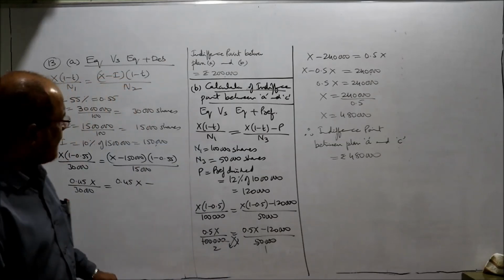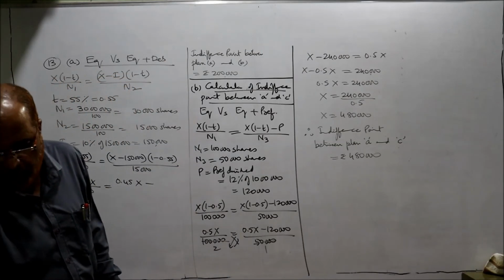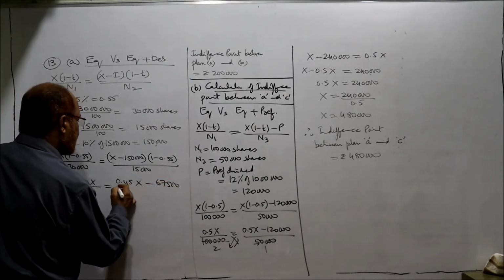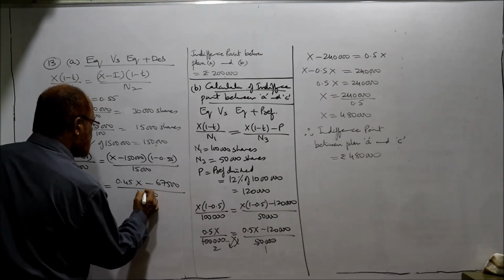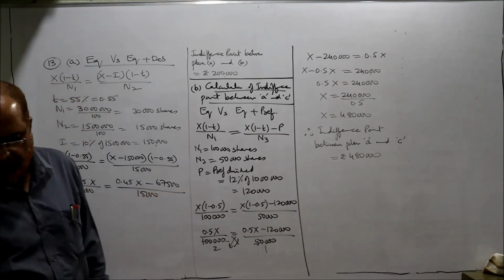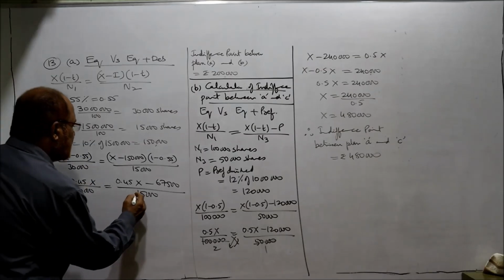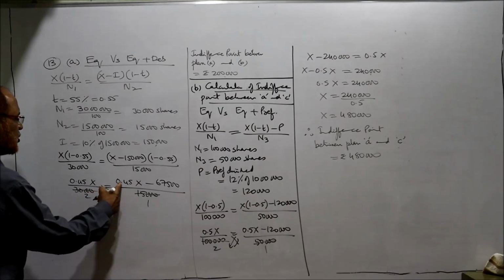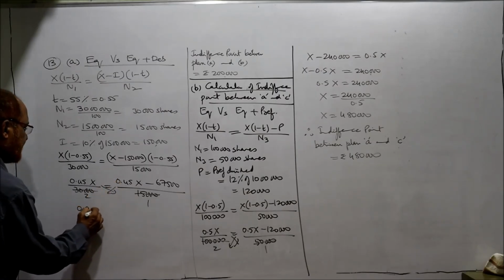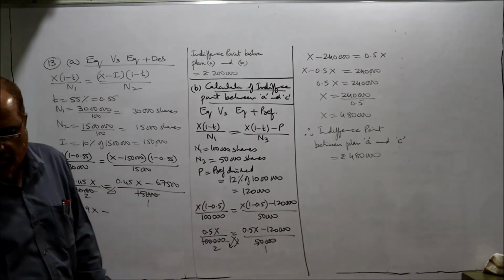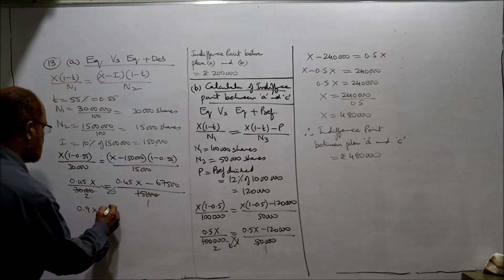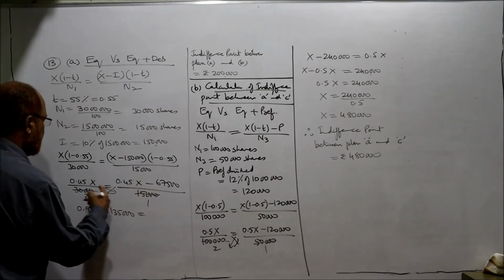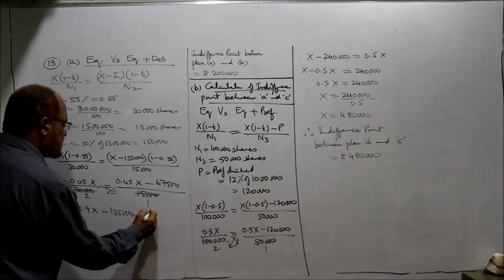Now see here, 0.45 into 1,50,000, you will get 67,500 divided by 15,000. Now 15,000 one times, 15,000 two times. Cross multiply. 2 into 0.45 is 0.9x minus 2 into 67,500. You will get 1,35,000.